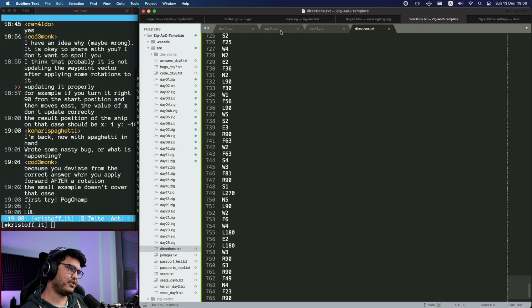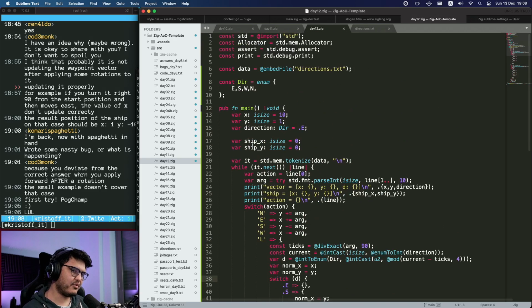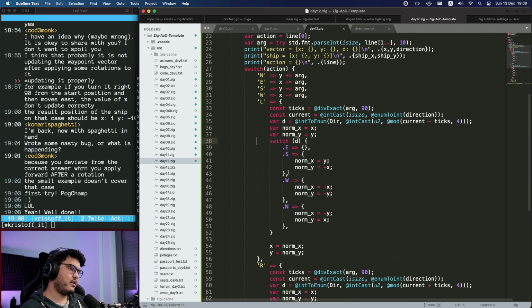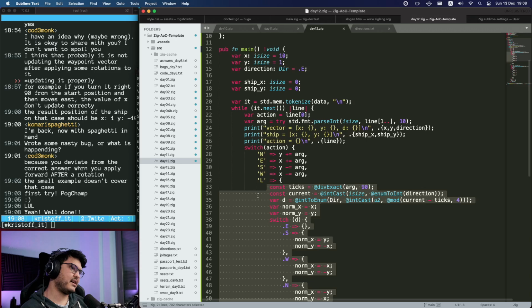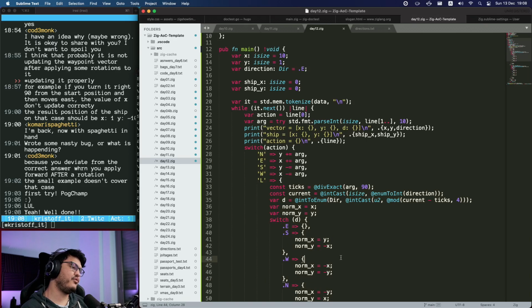So, super short retrospective before moving to the next exercise. Why was this okay the first time? Why was this okay when we were moving the ship?